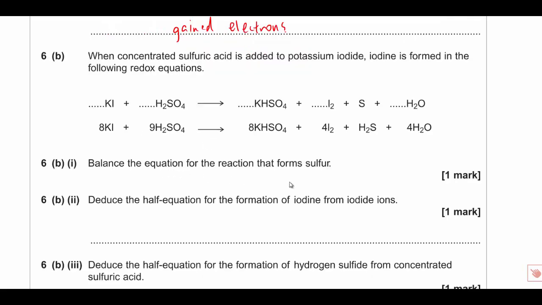Okay, good. Balance the equations for the reaction that forms sulfur. So we're balancing this top one here. Where are we going to start on this? I hate these equations.